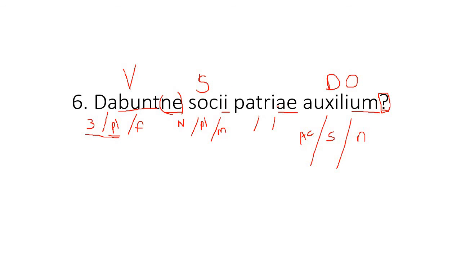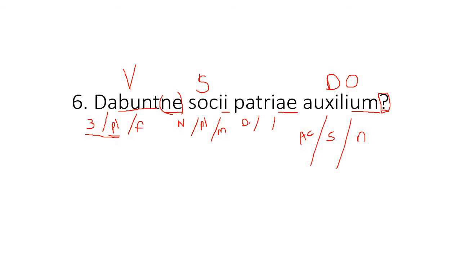So "patriae" is either going to be genitive singular, of the country, or dative, to or for the country. So will the allies give help of the country? That does not make sense. Will the allies give help to the country? That one makes sense.